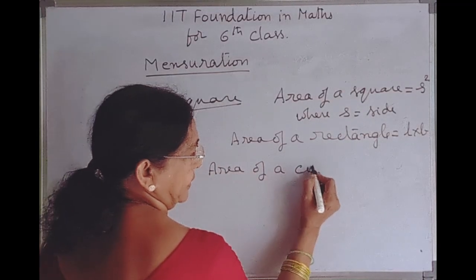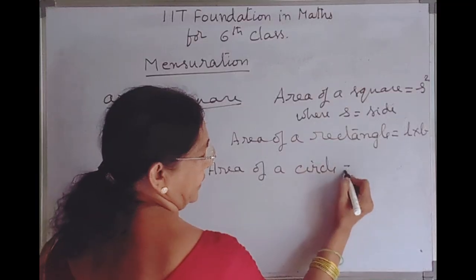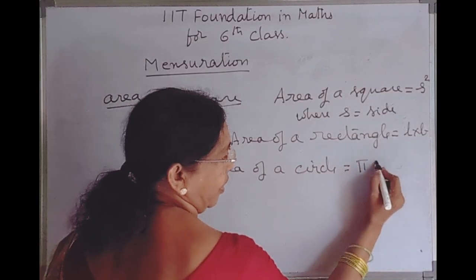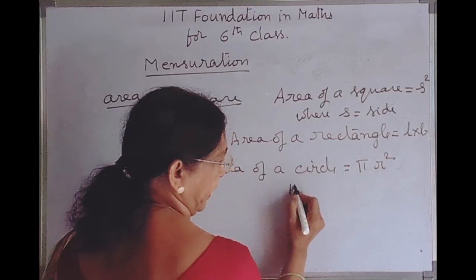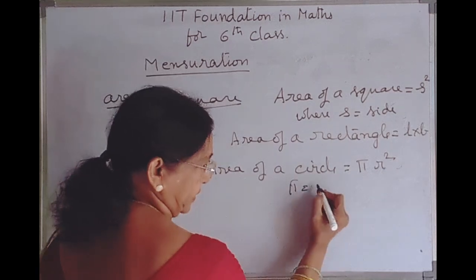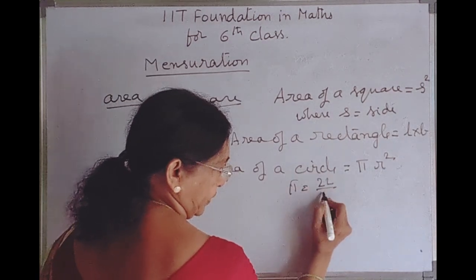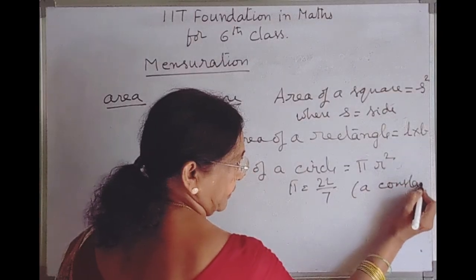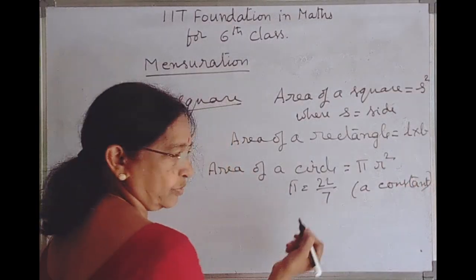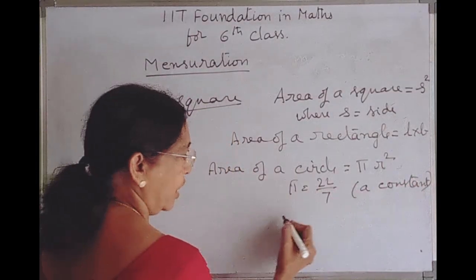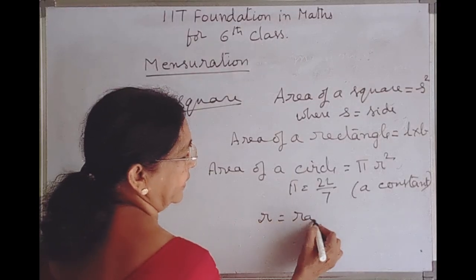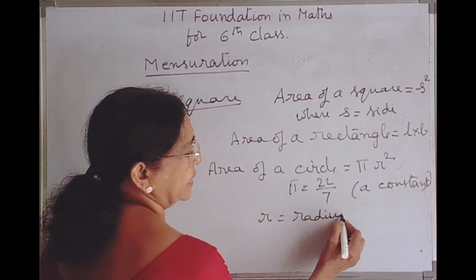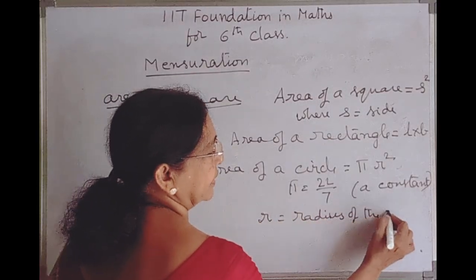And the area of a circle is equal to pi r square, where pi is a constant, approximately 22/7, and r is the radius of the circle.